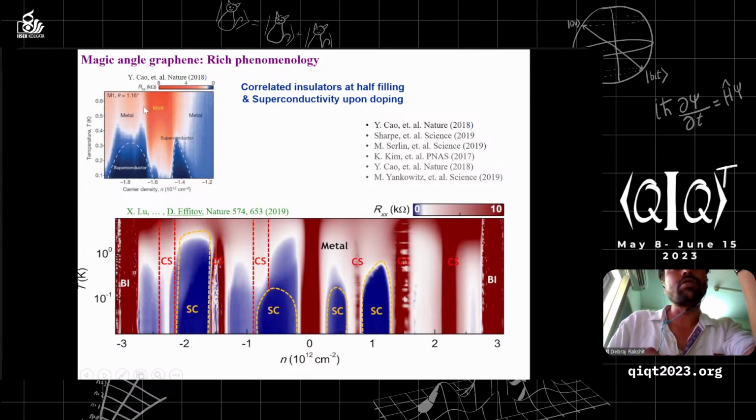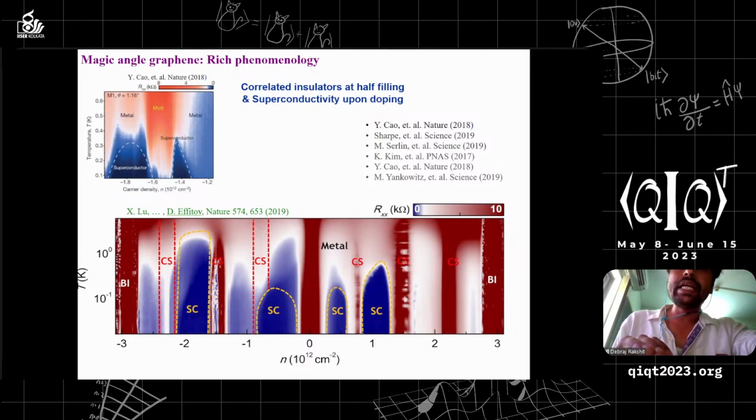It saw that as you change your carrier density and look into temperature, on the y-axis there is temperature, there is this superconducting dome, and then there is some insulating phase that's happening. That was the very first experiment. This may remind you of very close structures like the Fermi-Hubbard model.